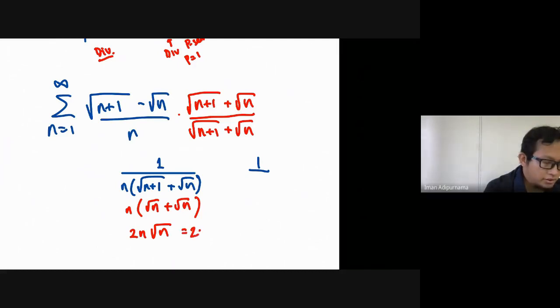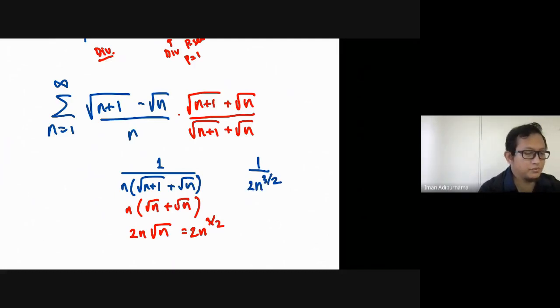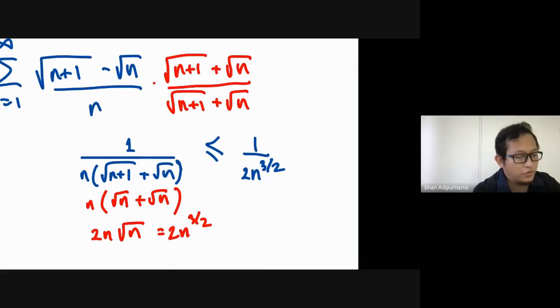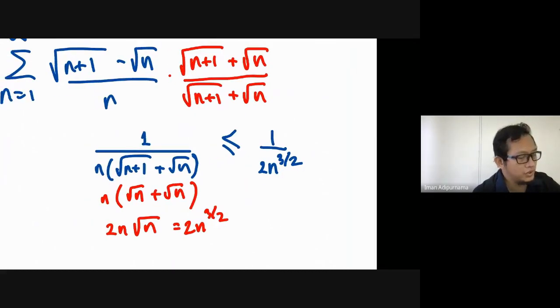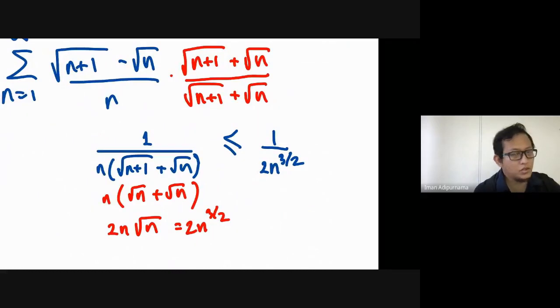Or you can write this as, if you remove the plus 1 on the square root, we can compare this to 2n to the power of 3 over 2. And this is true, right? It's less than this 1 over 2n with the power of 3 over 2. Okay. So again, we can use the comparison test. Or if you want, you can use the limit comparison test also.